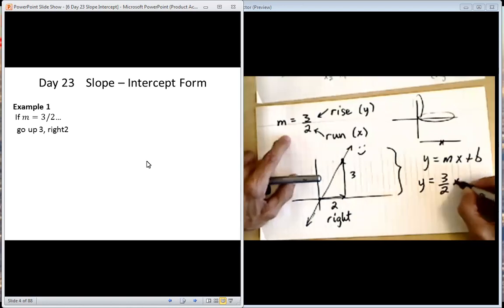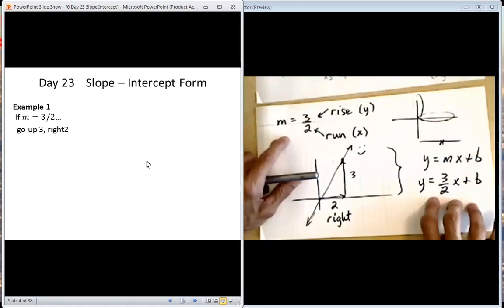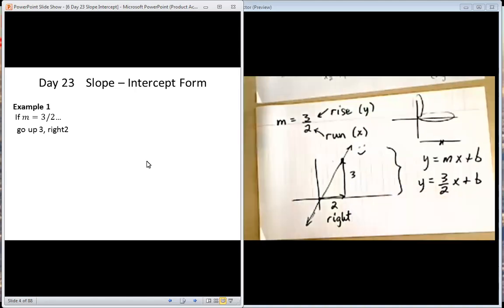3 over 2x, and then plus b. From this number here, we can get this far. Now, I gave for free that we're going to start here at the origin, right? So if we include this part, what's the y coordinate of this point down here?